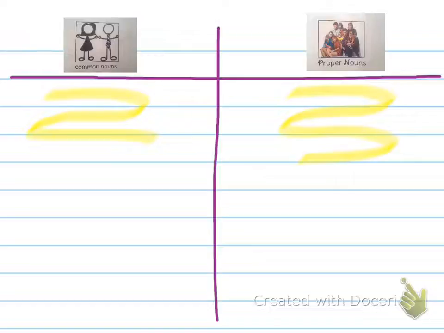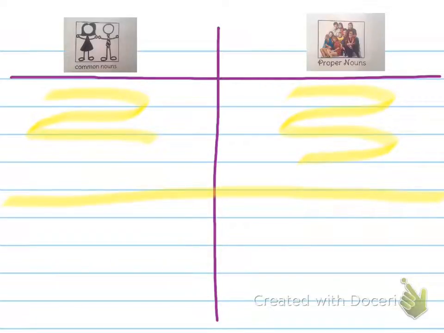I want you to move below to where you can find a line that completes the common nouns, and you'll probably have extra space on the proper noun side. But we're going to be comparing and contrasting common and proper nouns, and I want you to be able to write them across from one another. So go down to where you have lines on either side, and let's begin there.